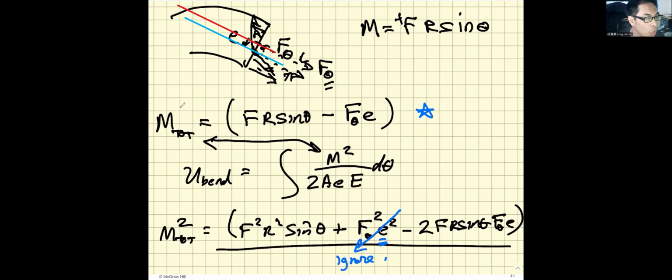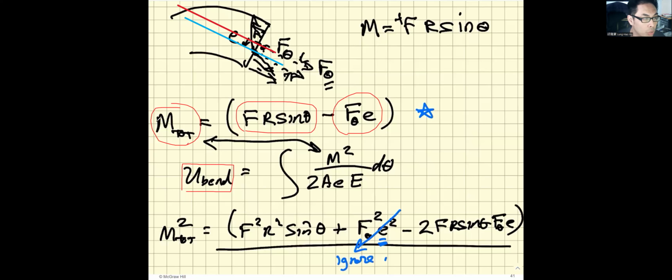So we say the total moment included two parts: one is from the force F due to the force movement, and the second is the moment due to the eccentricity. Therefore, we can evaluate the strain energy due to bending.